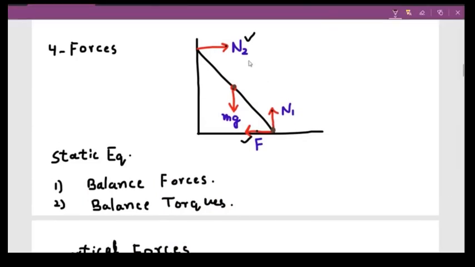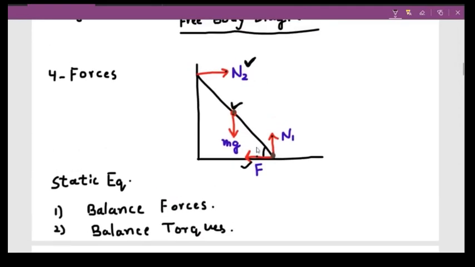Now I will calculate the total torque about this pivot point. There are two forces that will create a torque, N2 and mg. This is theta. N2 will create a torque of N2 times the length of the ladder times sine of theta.